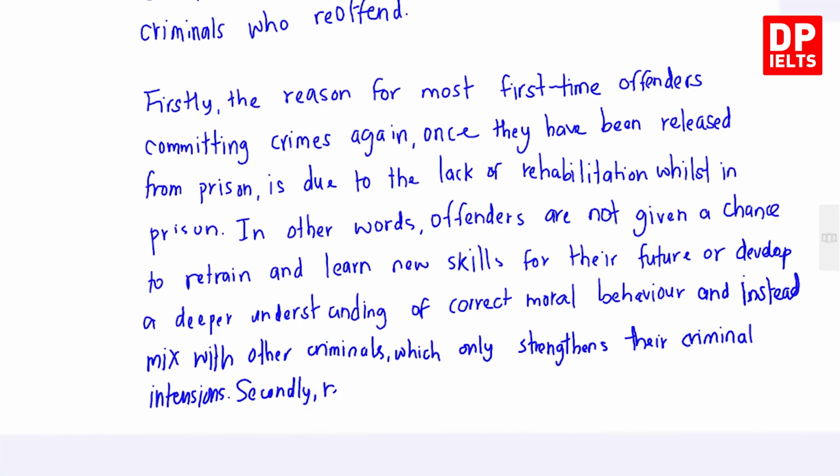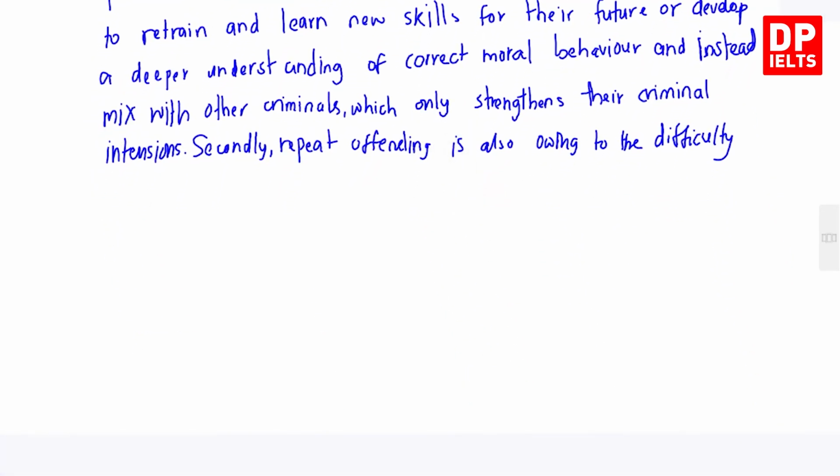Secondly, repeat offending is also owing to the difficulty in finding employment after being released.